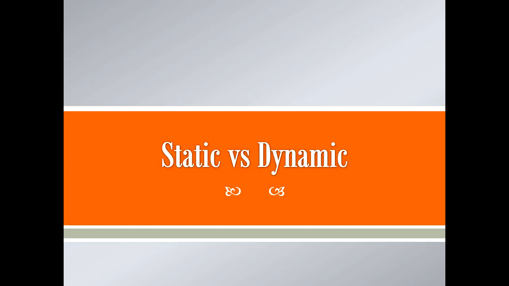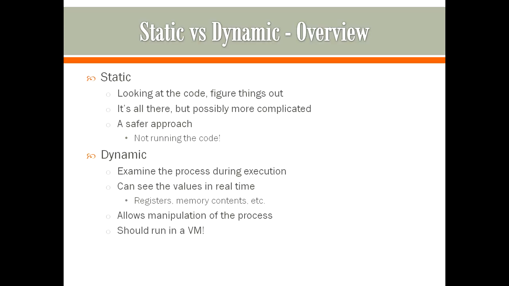Let's begin with an overview of static versus dynamic analysis, which are two general approaches for analyzing how a binary works and understanding what a binary does. Static analysis involves looking at the disassembly of a binary and is considered a safe approach for analysis because the code isn't executing on your machine.